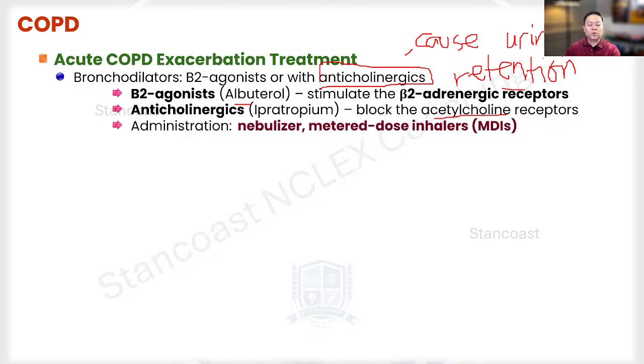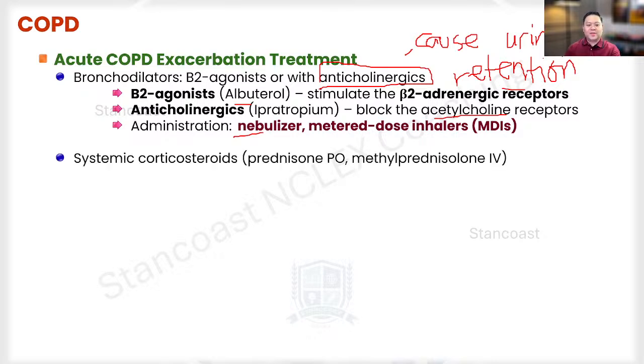And then we are going to expect that these medications can be administered at home. It could be in the form of a nebulizer, a nebulization, or it can be administered through the MDI, those small gadgets, all right?